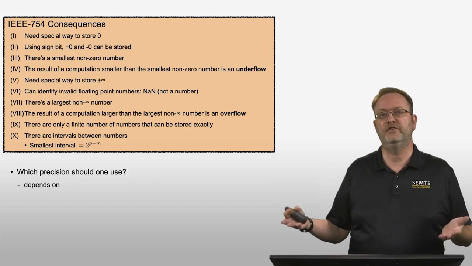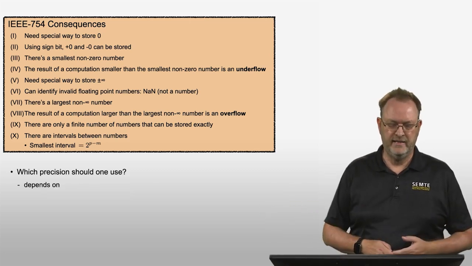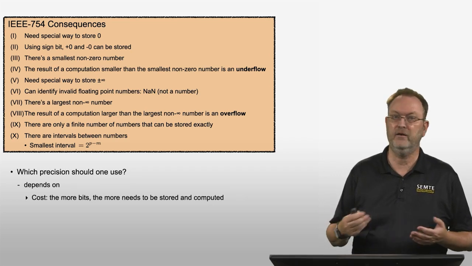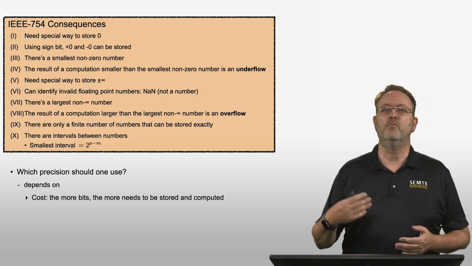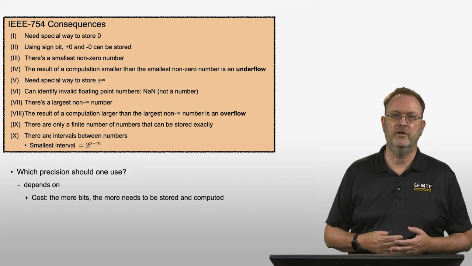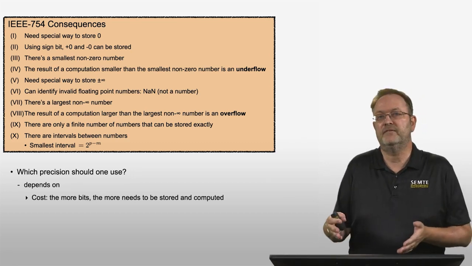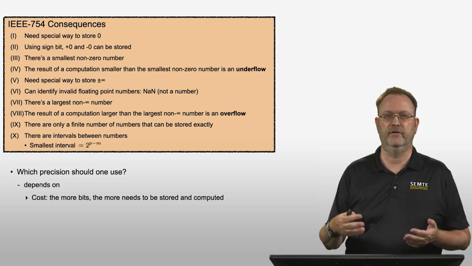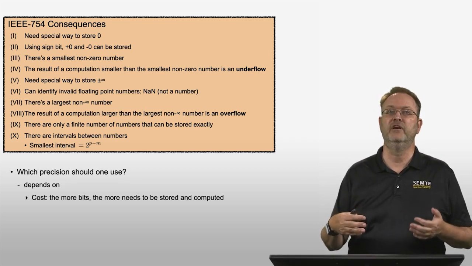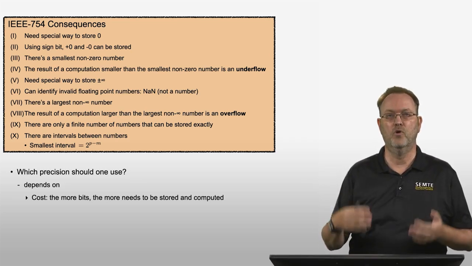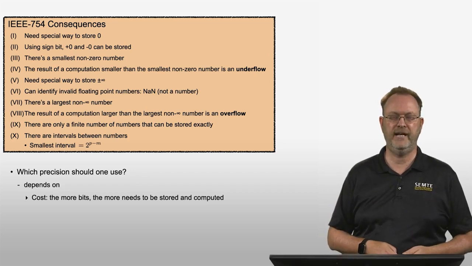So which precision should one use? Well, that depends on two things. One, on cost. Because the more bits you use, the more needs to be stored, and the more bits the computer needs to compute with.